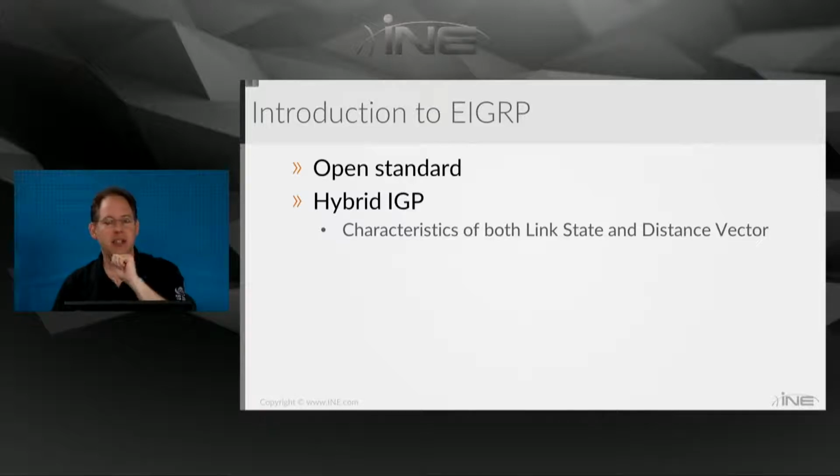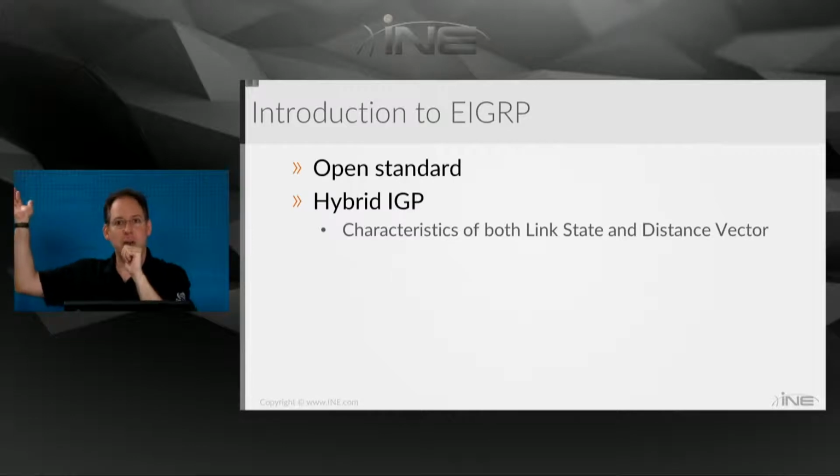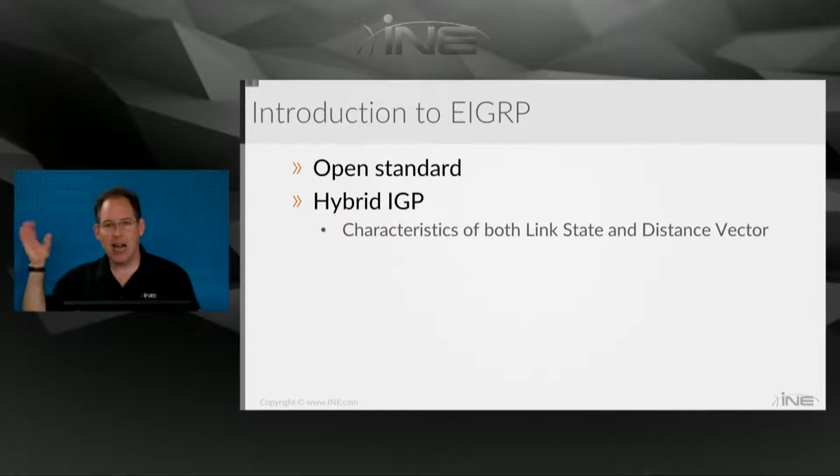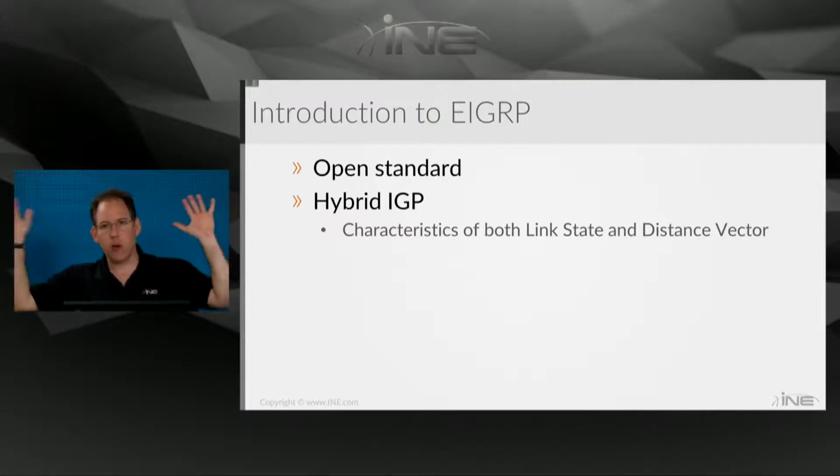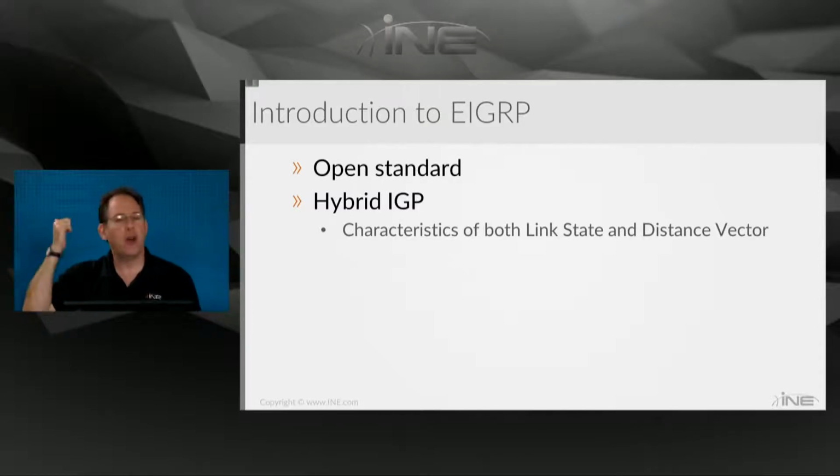In distance vector, I am your vector, I am your direction to get to those networks back there. You have no idea how many routers are sitting back there, how many routers are behind me, how they're connected. It's just sort of like a gray, fuzzy cloud behind me. You don't really know what it looks like. All you know is that there's networks back there, and you can use me as your next hop. So in that regard, EIGRP is more like a distance vector routing protocol.